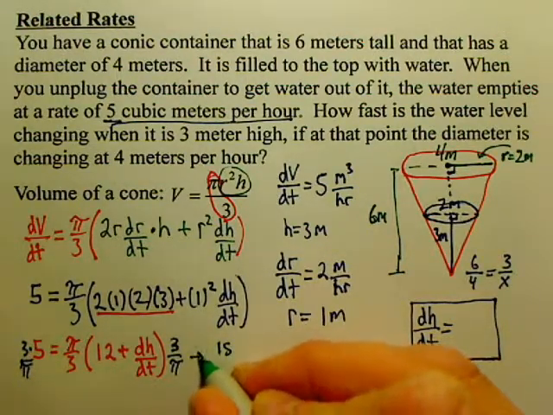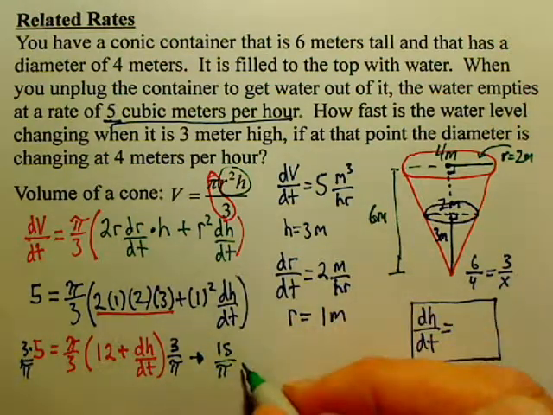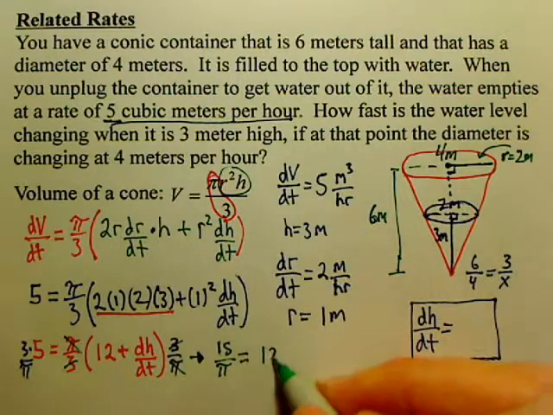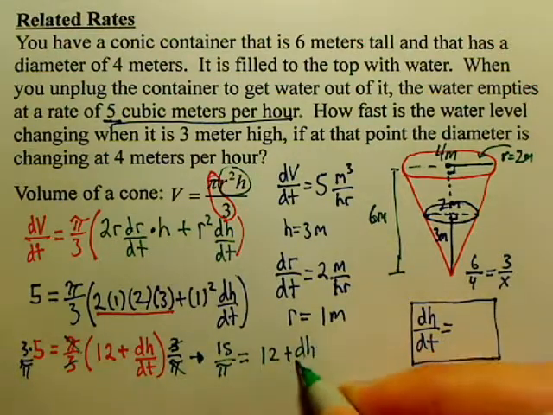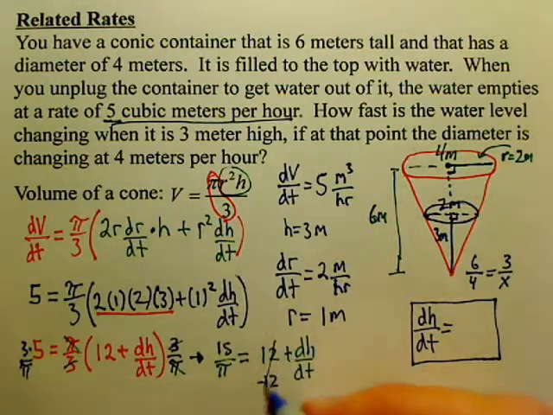Okay, this is leading over here. 3 times 5 is 15 over pi is equal to, remember, this cancels with this, 12 plus dh dt. Alright, and then if I want dh dt, don't I simply, last thing, subtract the 12?